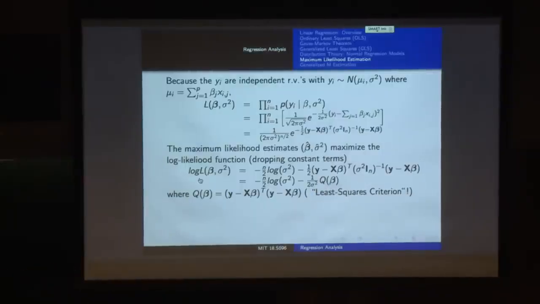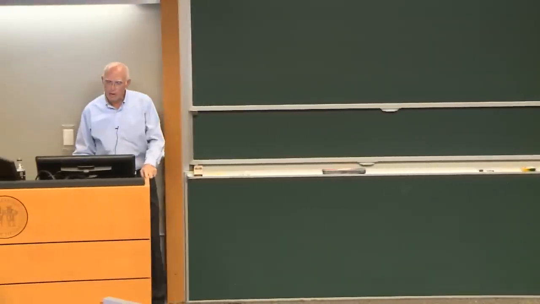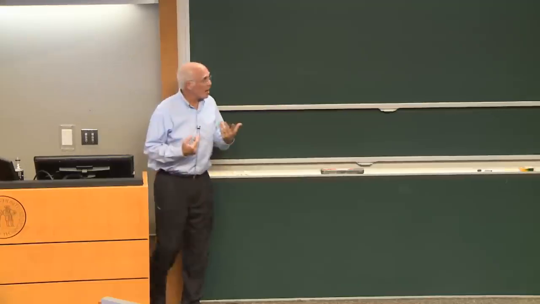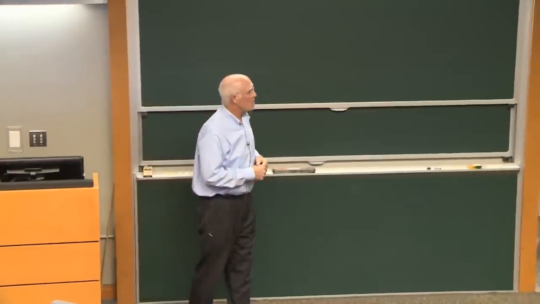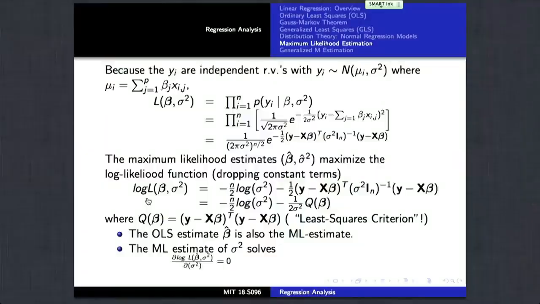And then we can maximize over sigma squared, given our estimate for beta. And that's achieved by taking the derivative of the log likelihood with respect to sigma squared. So we basically have this first order condition that finds the maximum because things are appropriately convex.